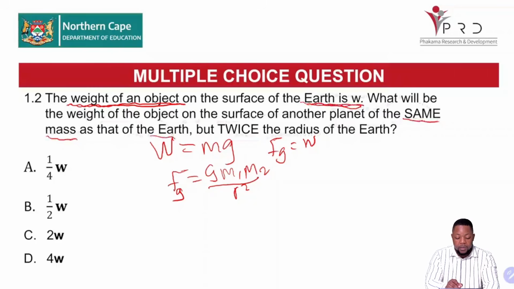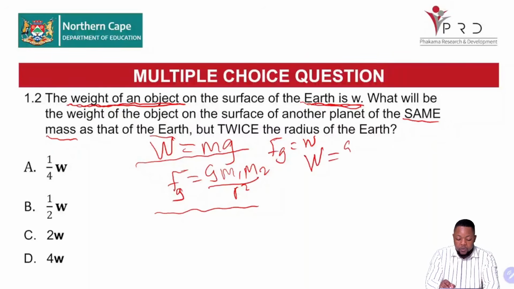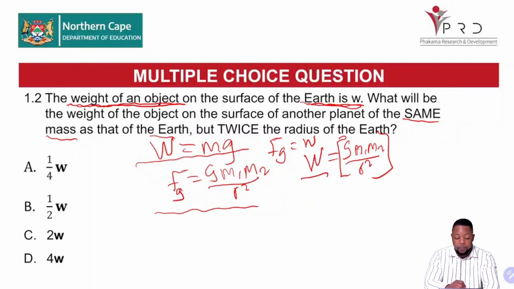So you see, this first formula here does not have the radius, so we cannot use that formula to answer this question. Therefore, we can use the other formula here, which also has a radius. So we can rewrite the formula as weight is equal to G M1 M2 over R squared. So while we are here on Earth, this bracket is W.